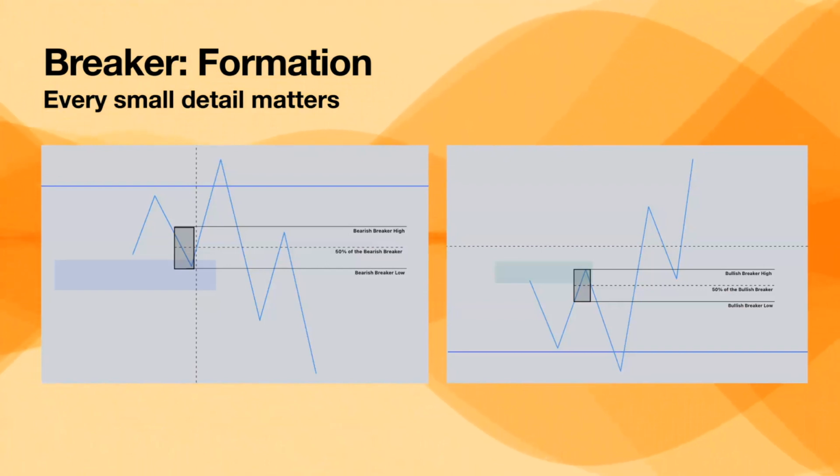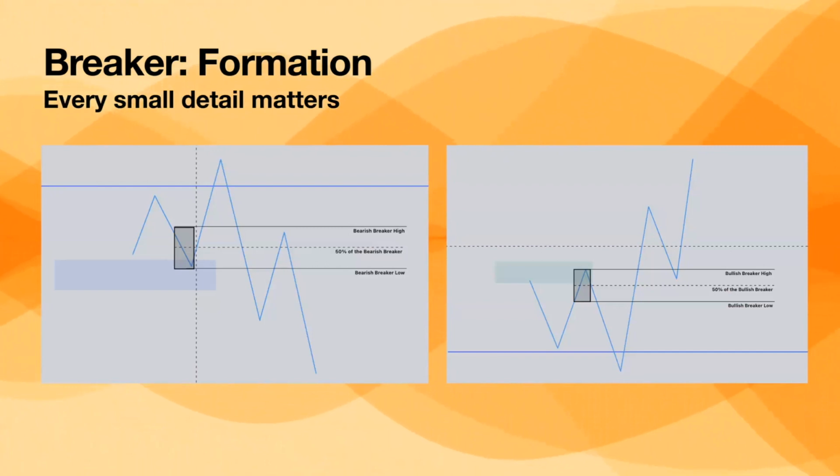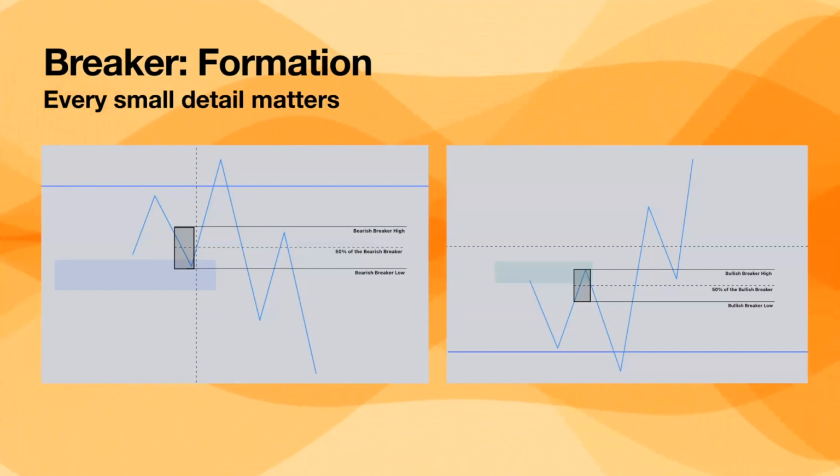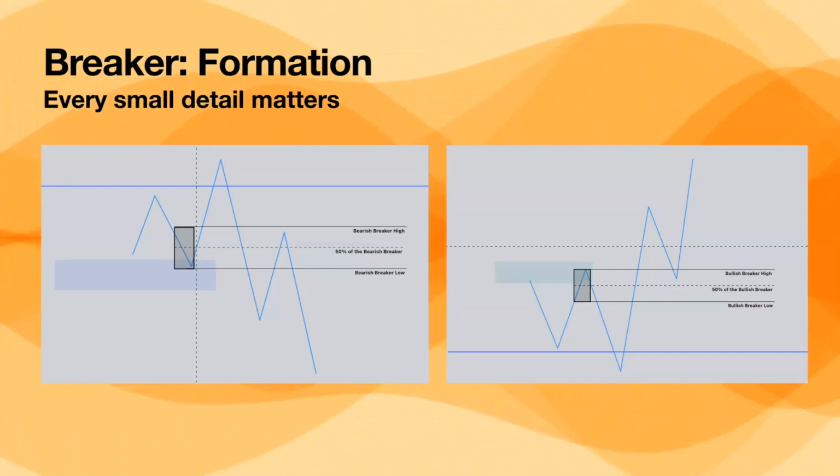For a bearish breaker, you need to have a high, higher high, and a drop. For a bullish breaker, we need a low, lower low, and then a rally. When we are looking at a bearish breaker, we want to see price close below that breaker's low.